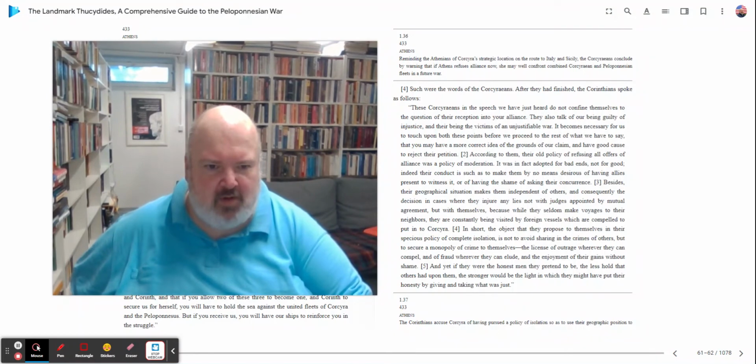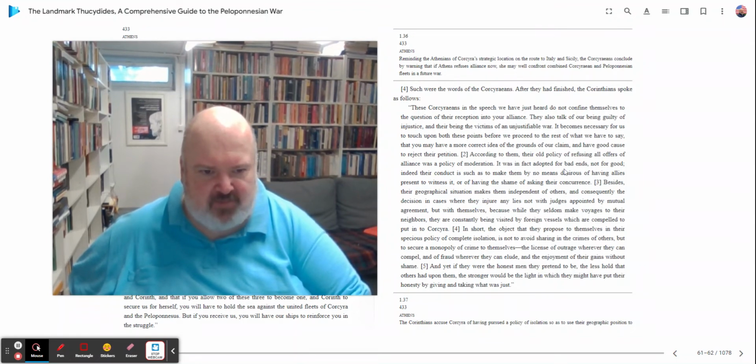According to them, their old policy of refusing all alliances was a matter of moderation. It was, in fact, adopted for bad ends, not good. Indeed, their conduct is such as to make them by no means desirous of having allies present to witness it, or of having the shame of asking their concurrence.